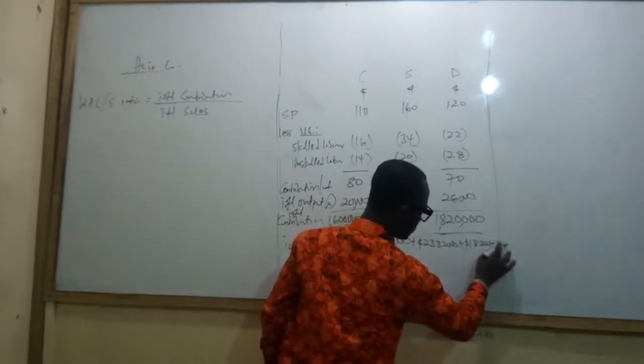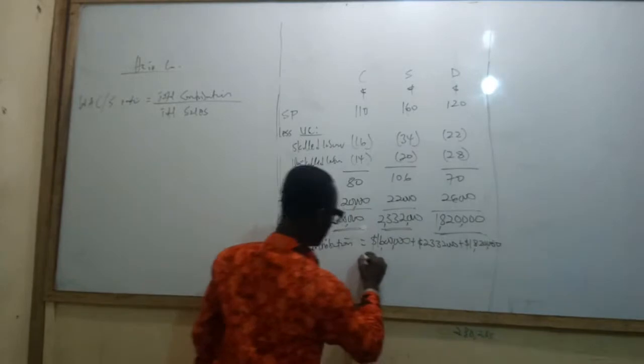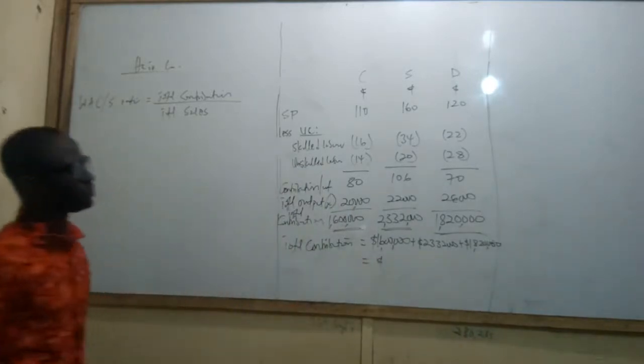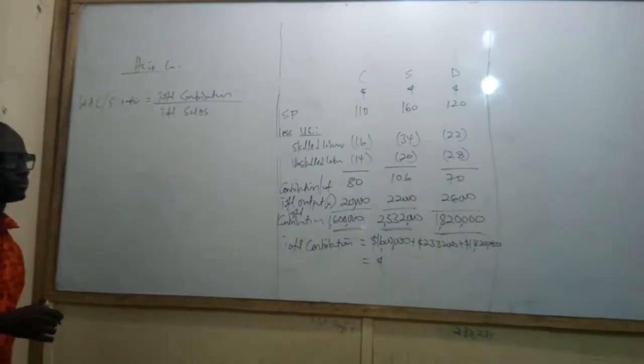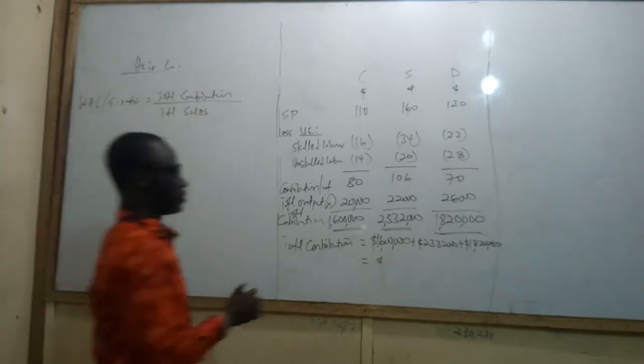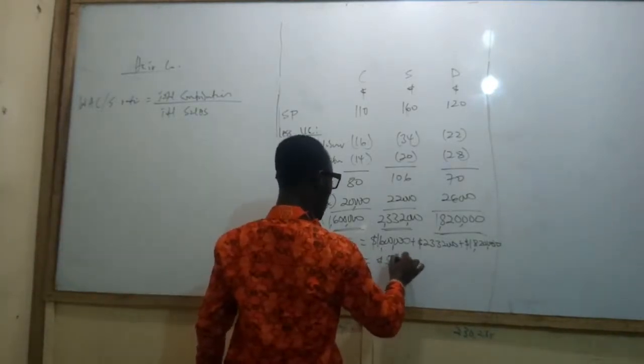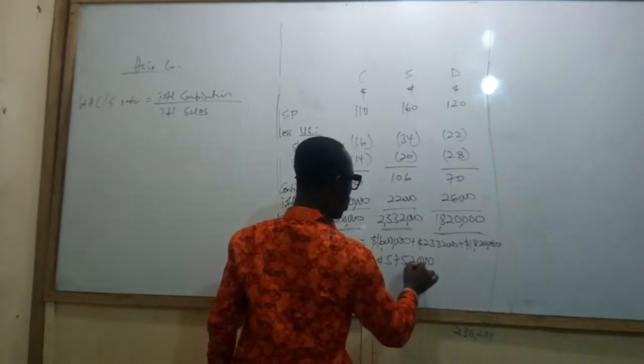What have we got? Give me an answer. 5,752,000. Is it confirmed?